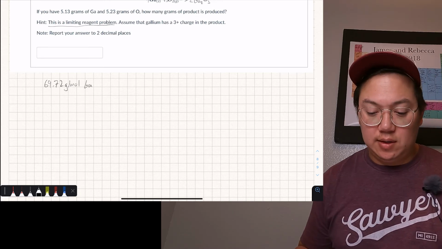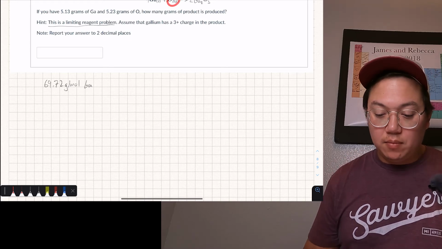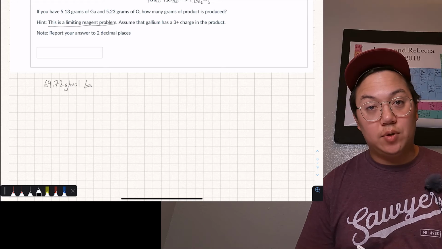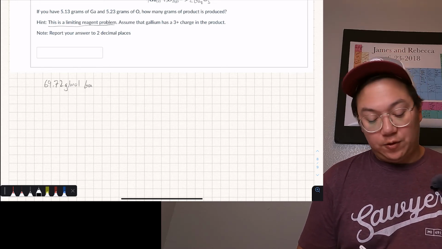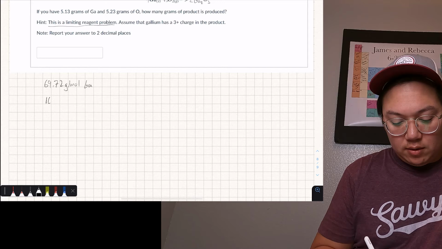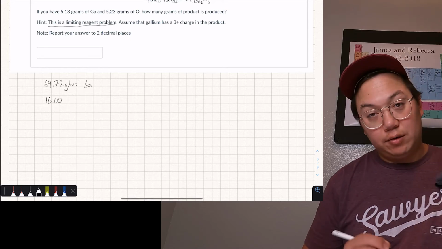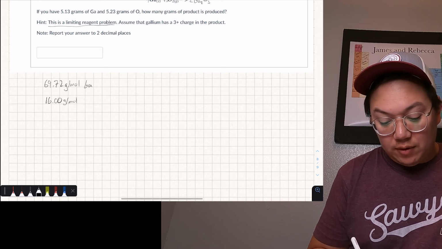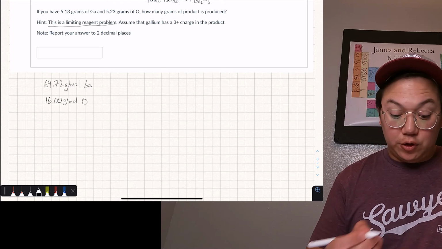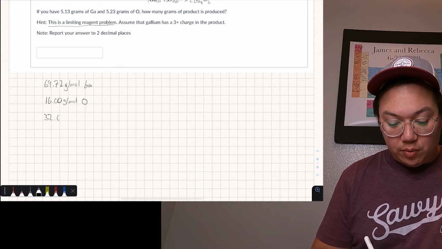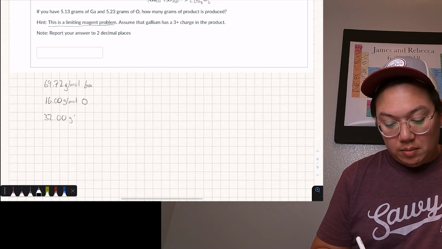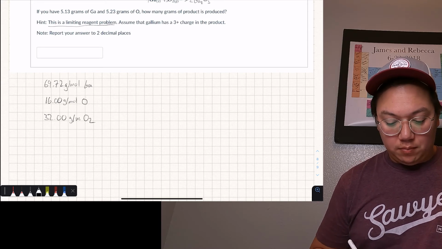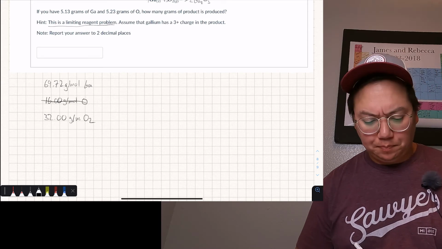Remember, this is diatomic oxygen, so we're going to have 2 oxygen atoms for each of these. 16.00 is the grams per mole of a single oxygen, so for 2 oxygens it's going to be 32.00 grams per mole of O2. So we'll be using that one.